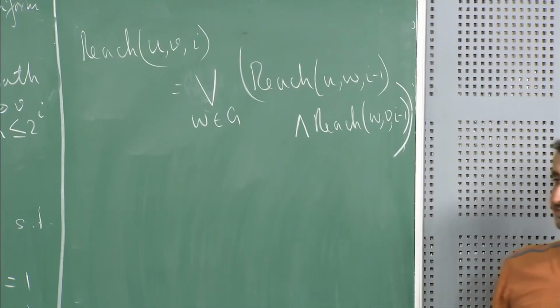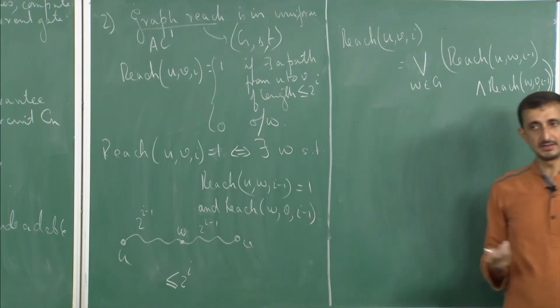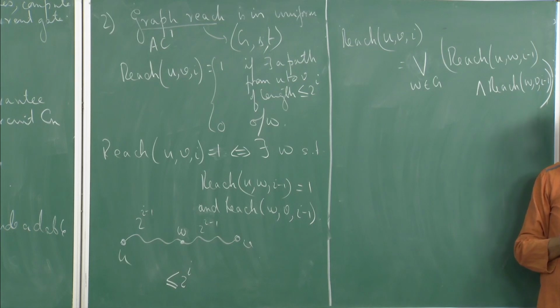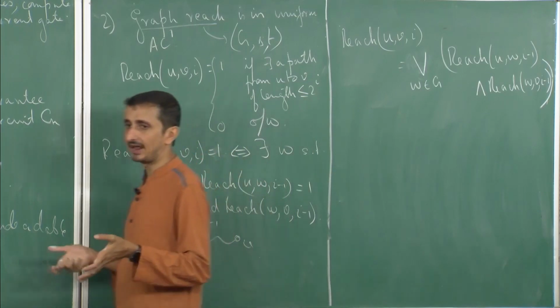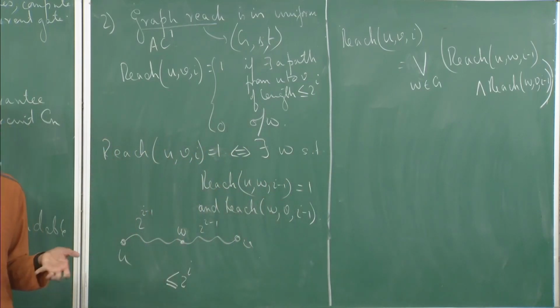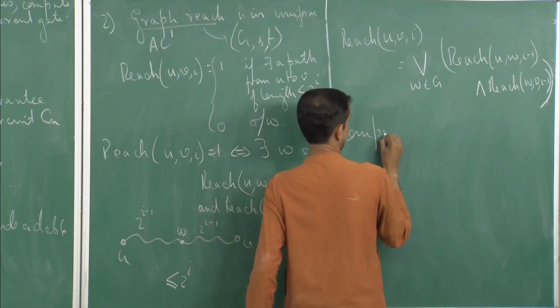Okay. And finally what do I have to compute? What would the output gate be? No, it will be an AND gate, but which gate? I mean, what is the predicate at the output gate? Exactly.